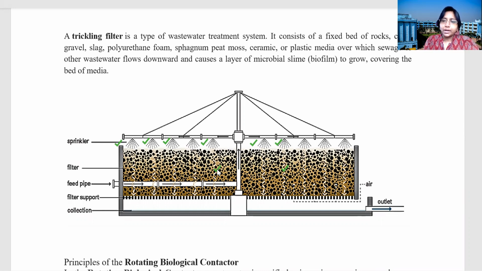So when the wastewater passes through these materials, the organic matter will be decomposed. And ultimately, from this outlet, we will get the pure water. So that is the basic principle.